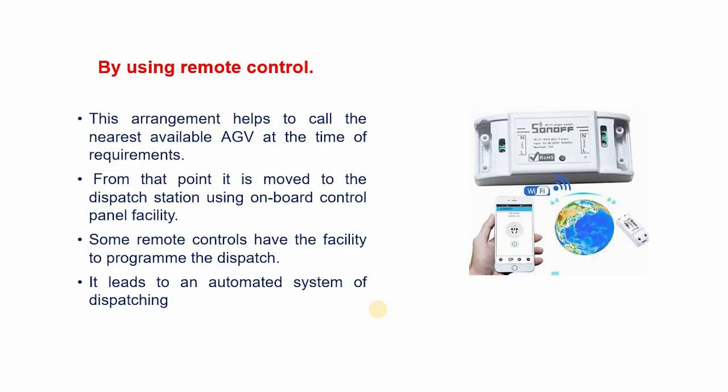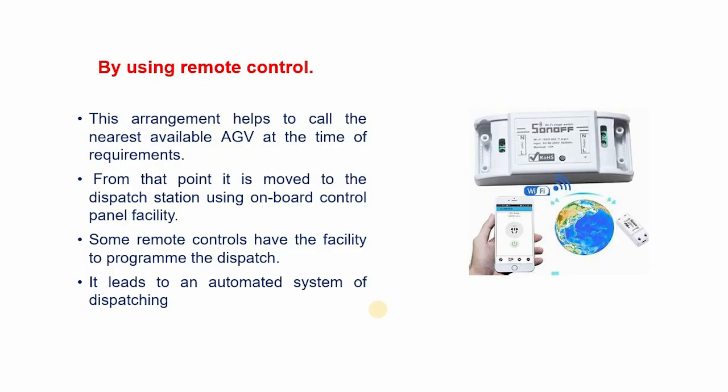From the particular point, it is moved to the dispatch station by using the onboard control panel facility. The onboard control panel helps to control the movement of the automated guided vehicle system. Some remote controls have the facility to program the dispatch.